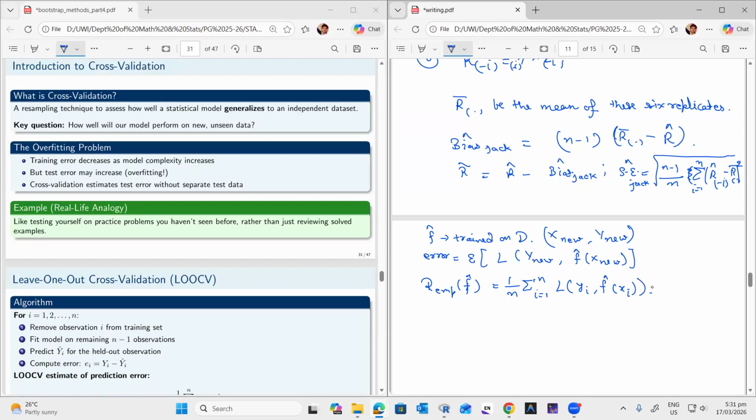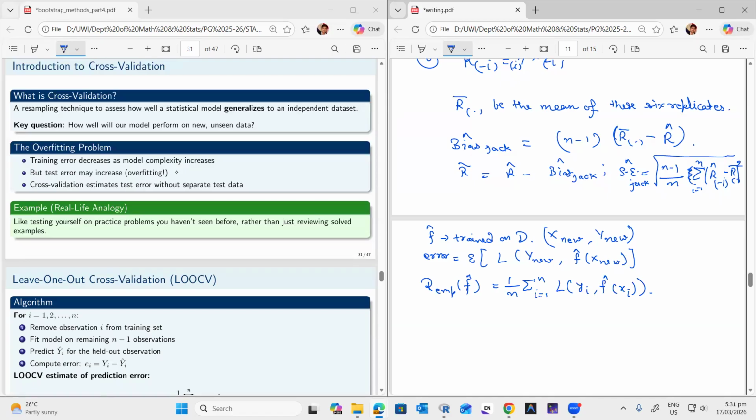All right, which will continue to decrease with the complexity. The next thing is that test error may increase. So the overfitting problem may occur.